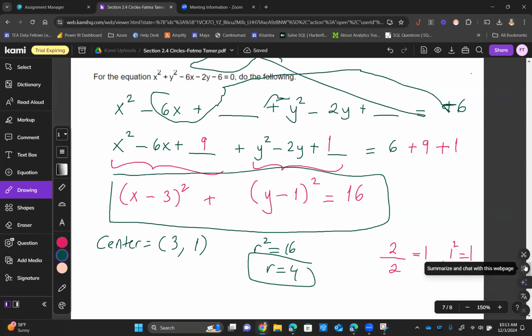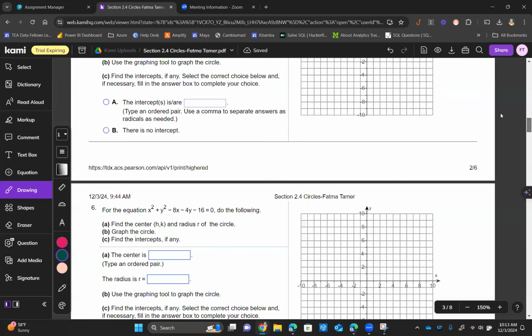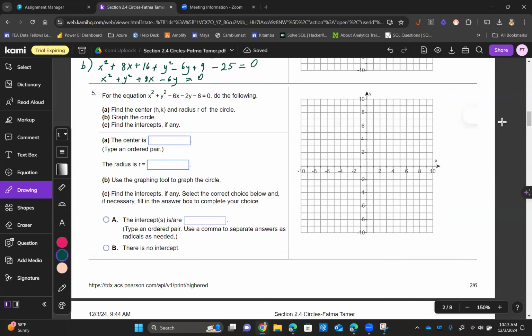We put this as x minus 3 squared plus y minus 1 squared is equal to 4 squared.